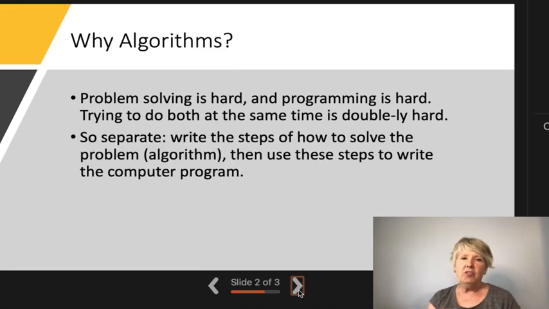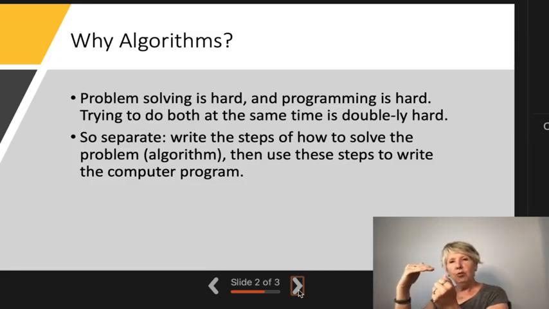Okay? So what you do is you separate those two pieces. You take away the problem solving, and you problem solve when you're writing the algorithm. And you're thinking of what steps need to be, and then you're refining it for the computer program. Then you take your algorithm that's been refined for the computer program, and you put on your programming hat and you use it to write the step-by-step solution to your problem in the programming language.